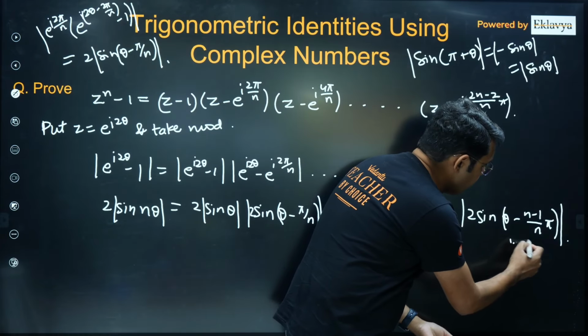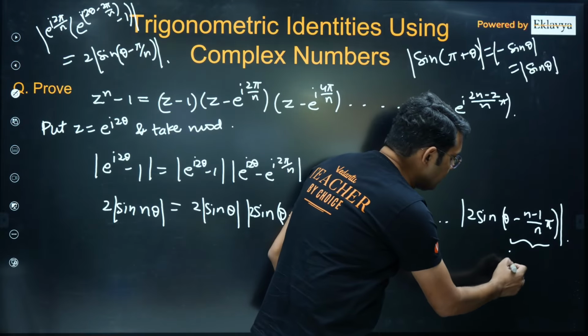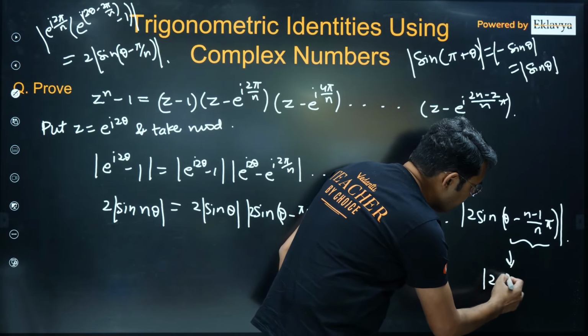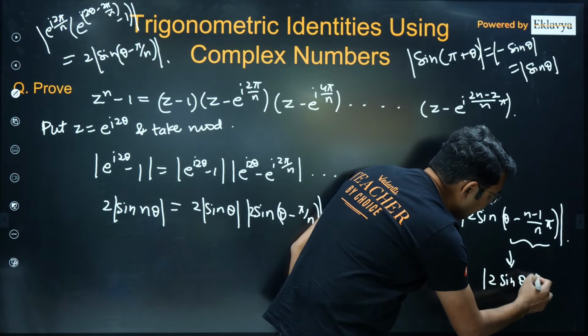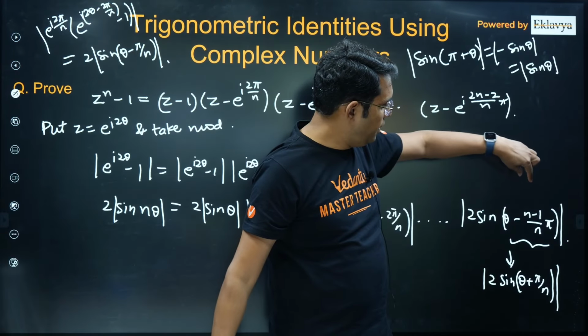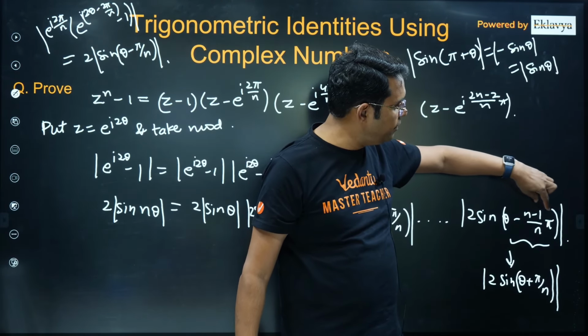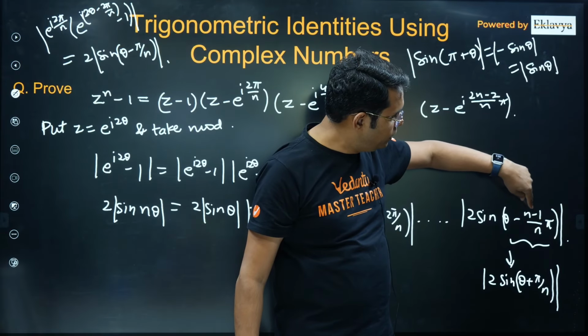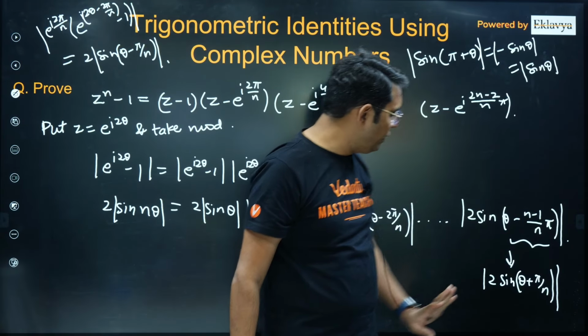If you add pi to it, please look at this carefully, I think this will become 2 sine of theta plus pi by n. You can check. If I am adding pi, this 1 into pi will get cancelled, so theta plus pi by n will remain.